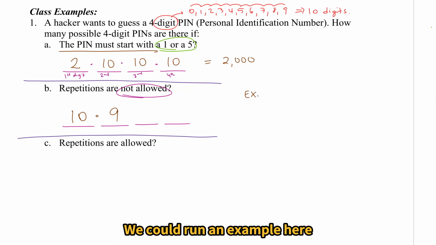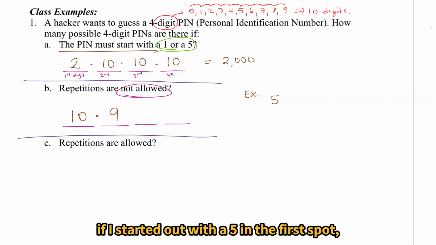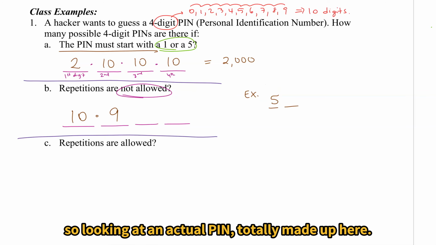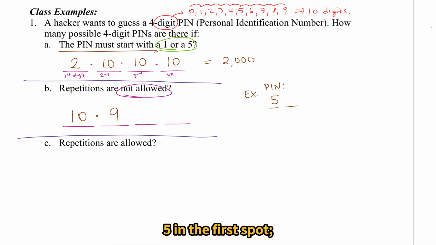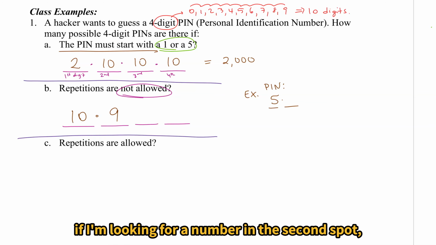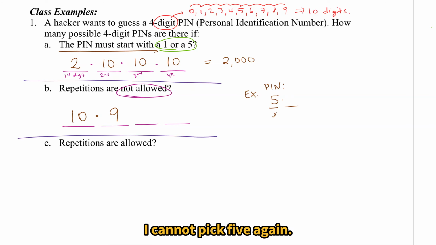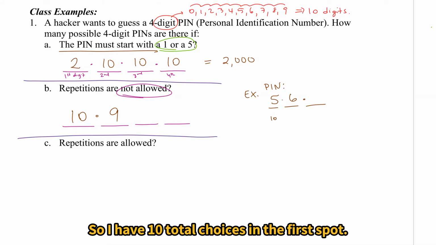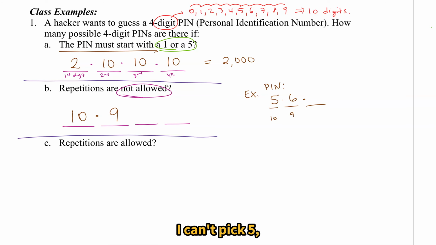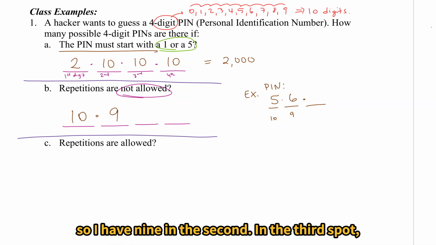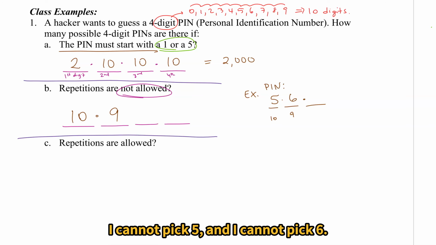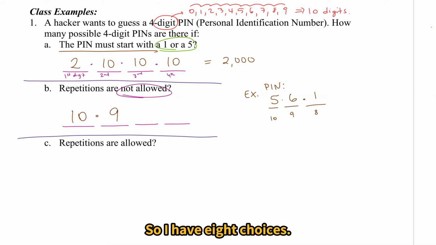We could run an example here if I started out with a 5 in the first spot. So looking at an actual pin, totally made up here, 5 in the first spot. If I'm looking for a number in the second spot, I cannot pick 5 again. I can pick any other number, 6. So I have 10 total choices in the first spot. I can't pick 5, so I have 9 in the second. In the third spot, I cannot pick 5 and I cannot pick 6, so I have 8 choices.